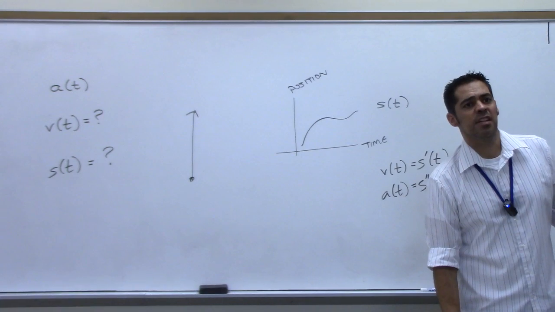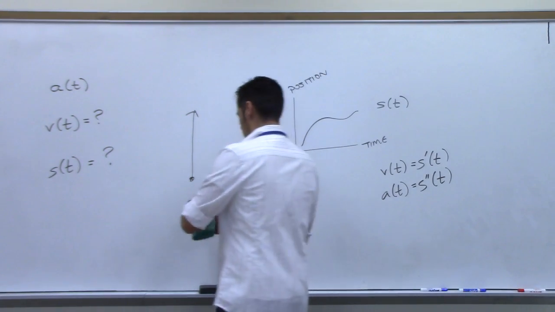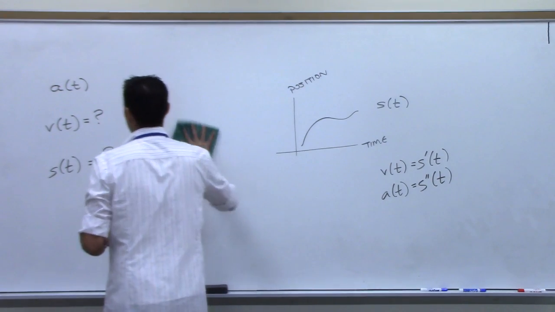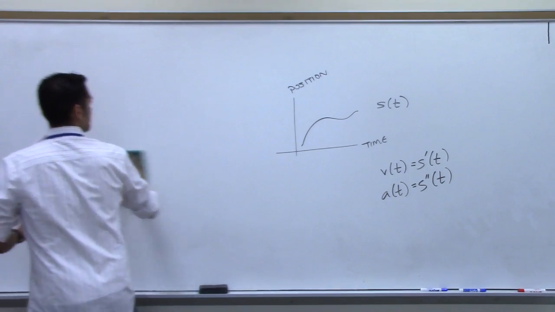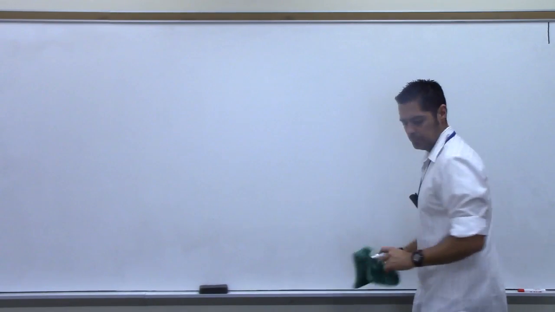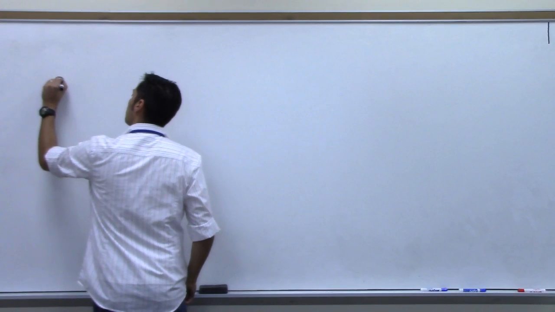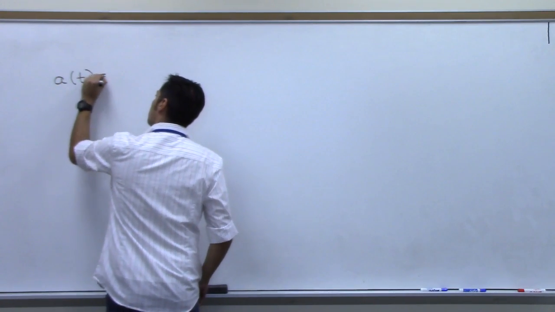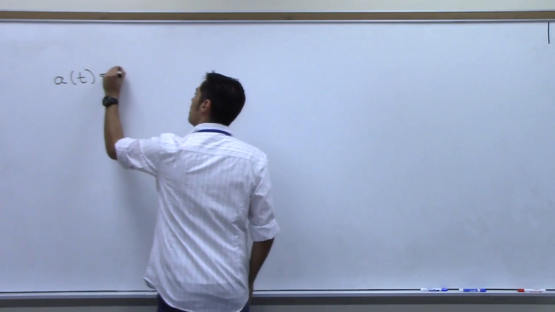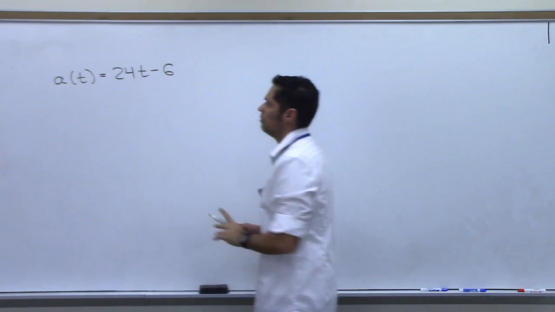All right, so here's an example. We have an acceleration function that's given to us. Acceleration of an object is 24t minus 6.